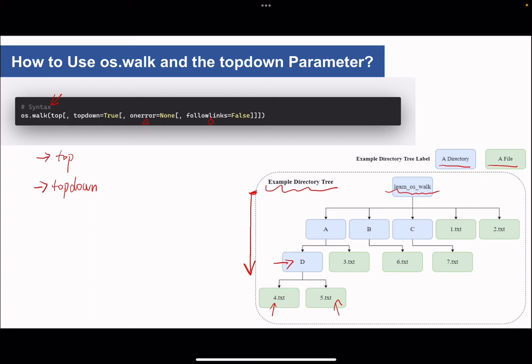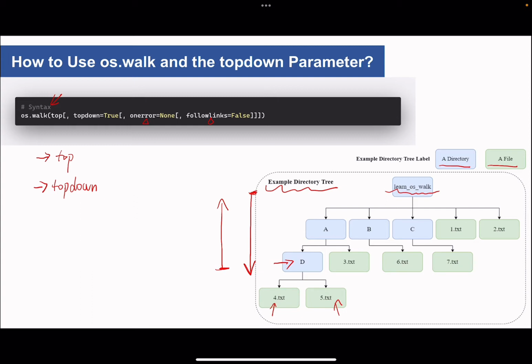Otherwise, if you set it to be False, you will walk from the bottom of the directory tree to the top. I know it might be confusing at first because it's kind of abstract, but later in our example, I will show you exactly how to use the topdown parameter based on a vivid visualization and an example.